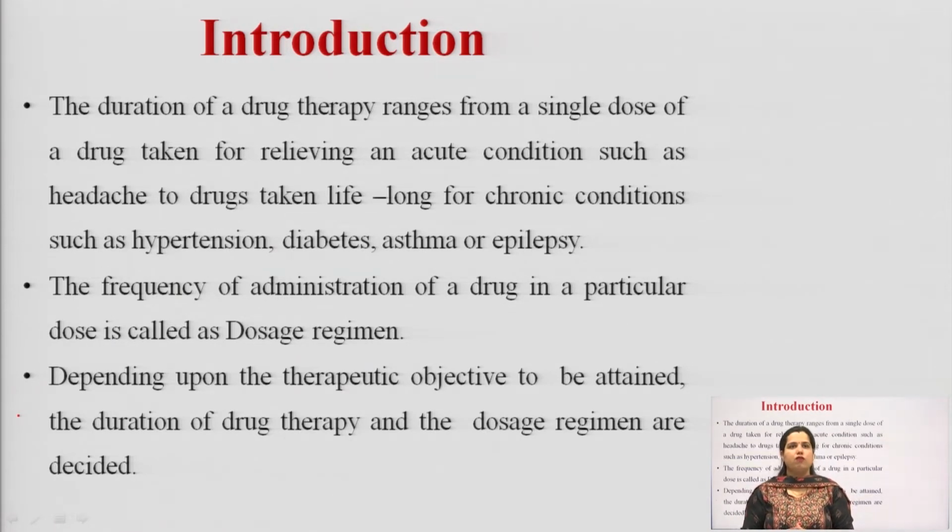So, the duration of a drug therapy ranges from a single dose of a drug taken for relieving an acute condition such as headache, to drugs taken lifelong for chronic conditions such as hypertension, diabetes, asthma or epilepsy.